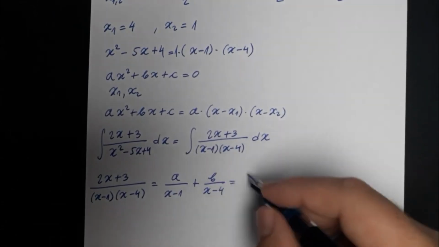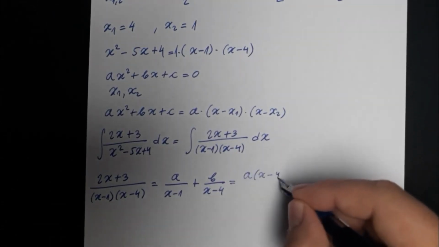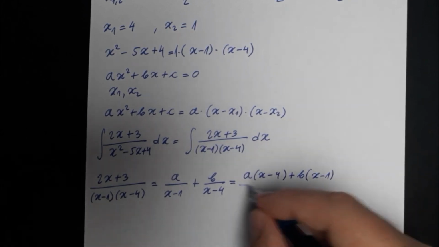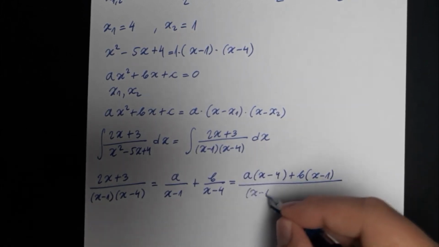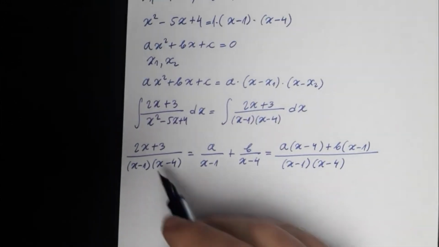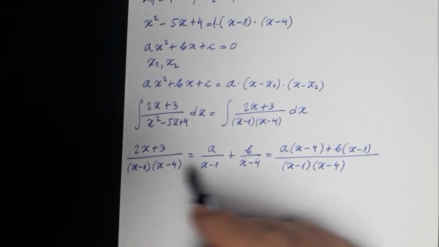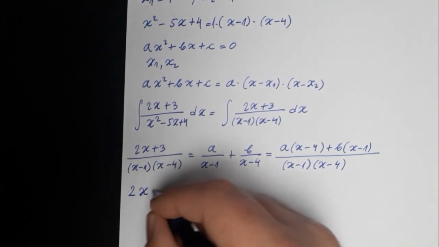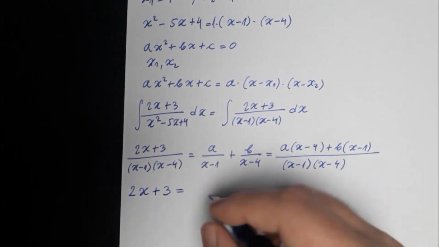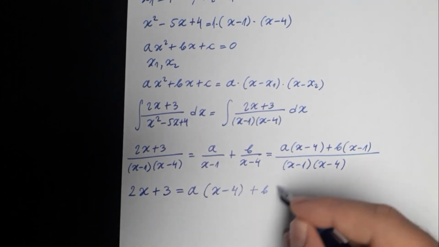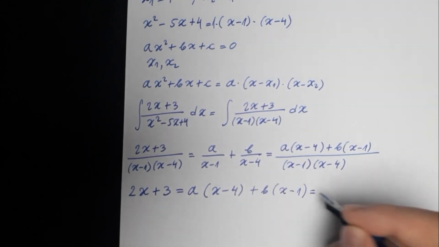Well, this is then equal to a times x minus 4 plus b times x minus 1 divided by x minus 1 times x minus 4. As the denominators are the same, numerators have to be the same. So 2x plus 3 has to be equal to a times x minus 4 plus b times x minus 1.